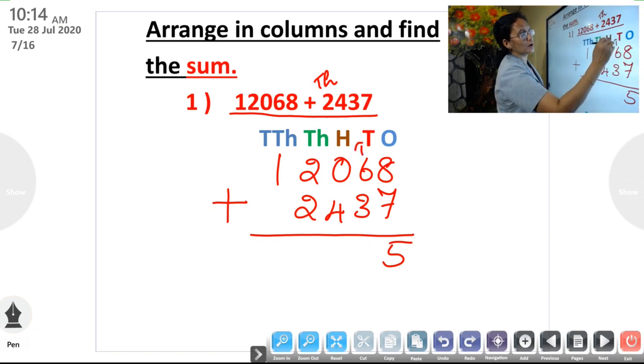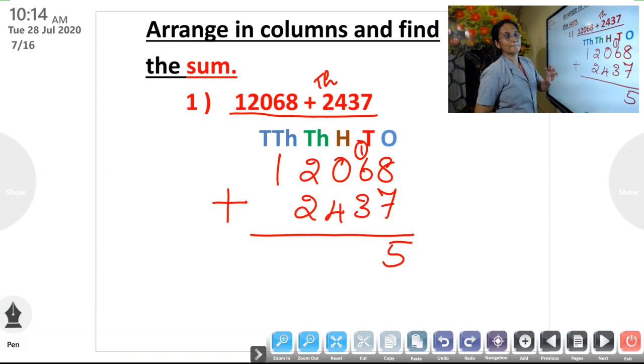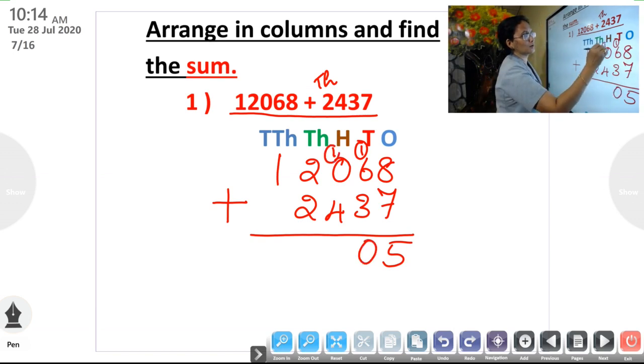Carryover is 1. Then 6 plus 3: 7, 8, 9, plus the carryover 1, 10. Write 0. Carryover is 1. Now 4 plus 0 is 4 itself. Then 4 plus the carryover 1 is 5.